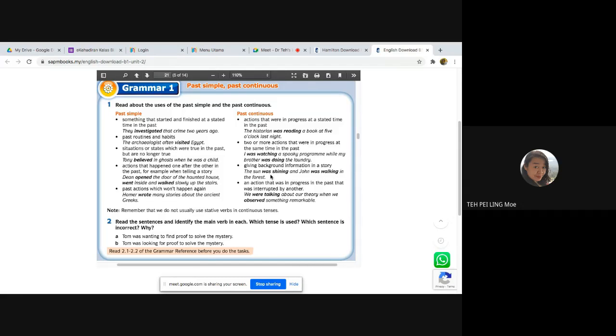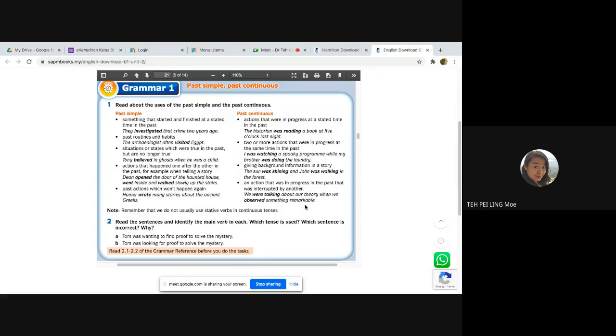So you're giving some background information. The sun was shining. Okay, the wind was blowing, brushing into my hair. Okay, an action that was in progress in the past that was disrupted by another. We were talking about our theory when we observed something remarkable, when you found something really important or wonderful.